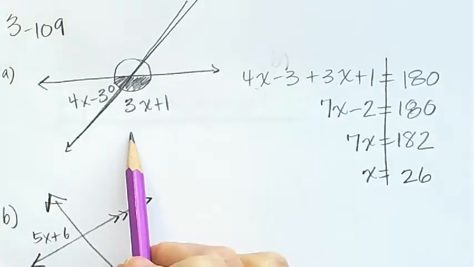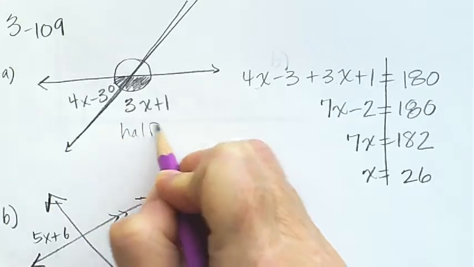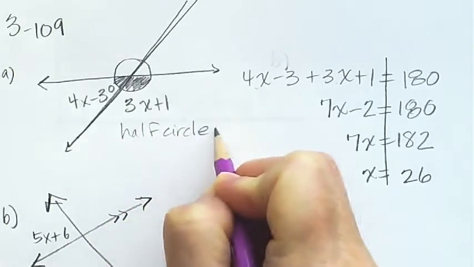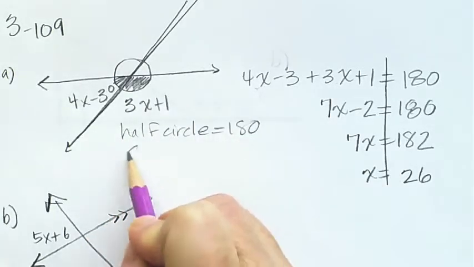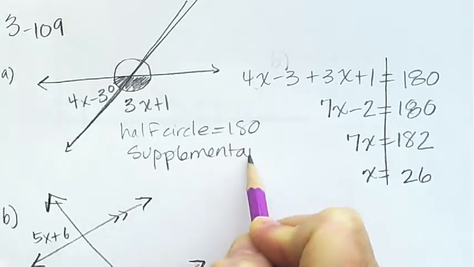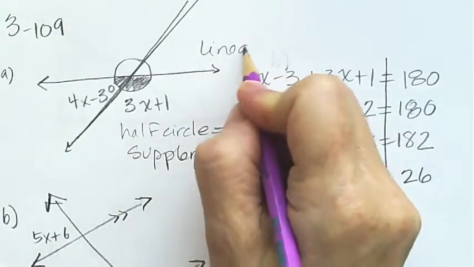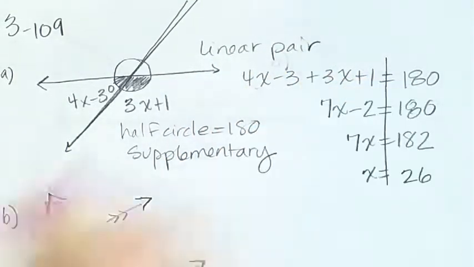We are supposed to state the relationship here. You could say half circle equals 180. Technically, we should say supplementary angles. These are supplementary angles. You could say this is a linear pair.